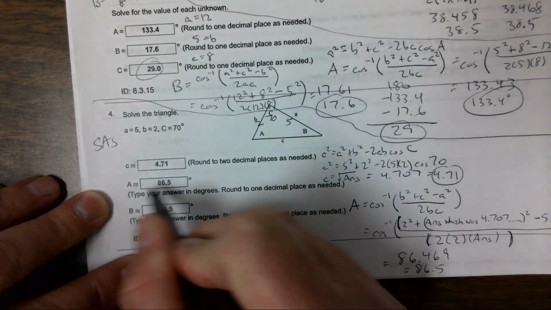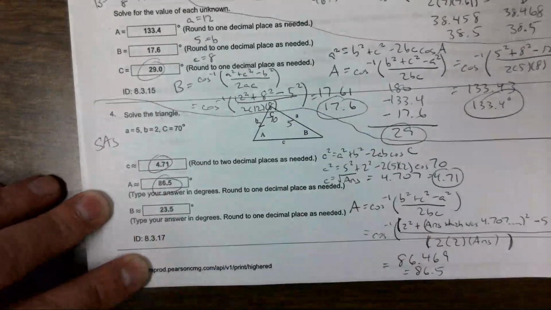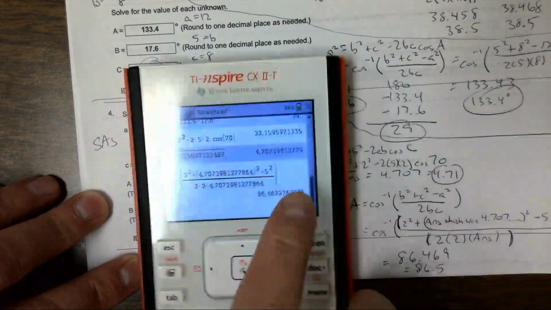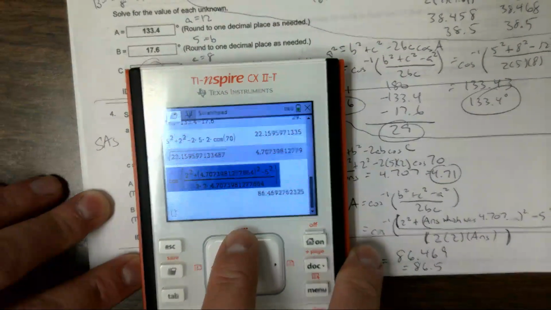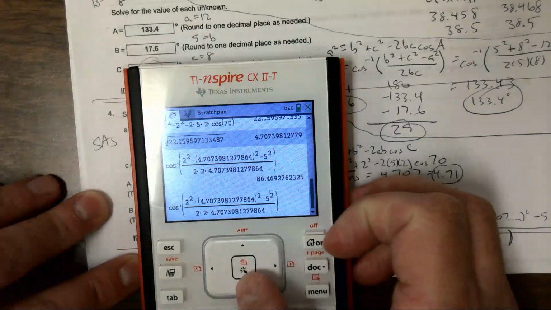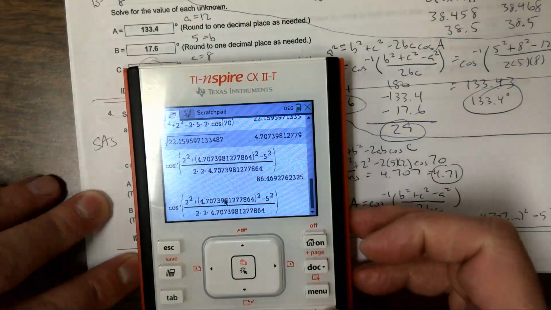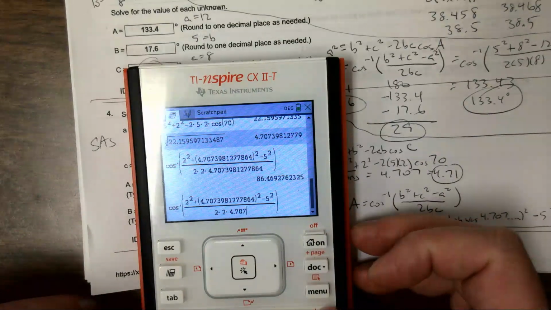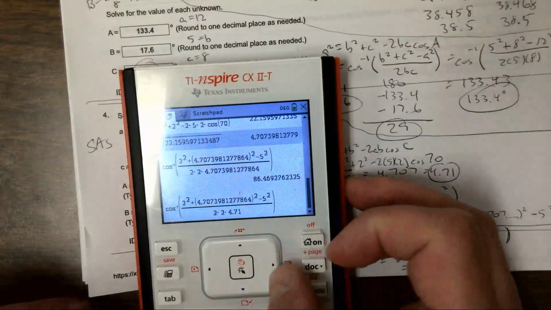Now, those are both correct, but what I want to show you is, what if I did the same thing except change this to 4.71, and I change this to 4.71.